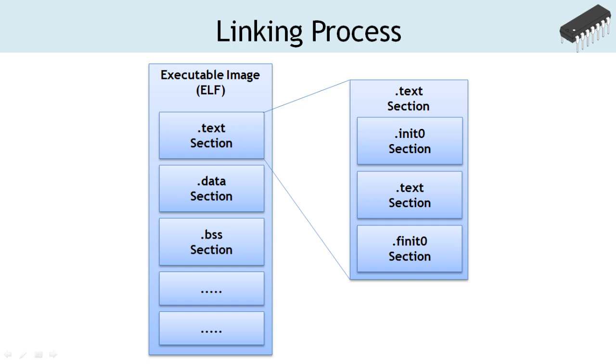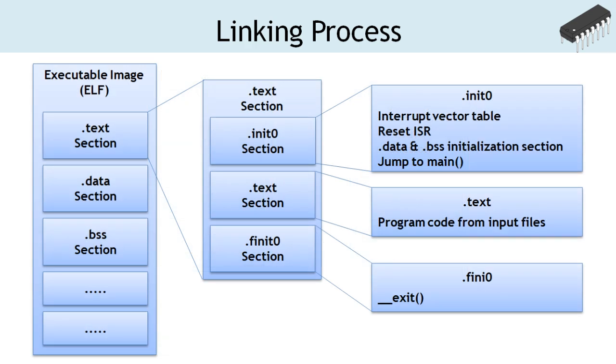Among all, the input sections, that is .init0 and .finit0, are important. The .init0 section defines the interrupt vector table, reset ISR, and a few other sections to be placed at the beginning of the program memory. The .finit0 section is placed at the end of the executable image.